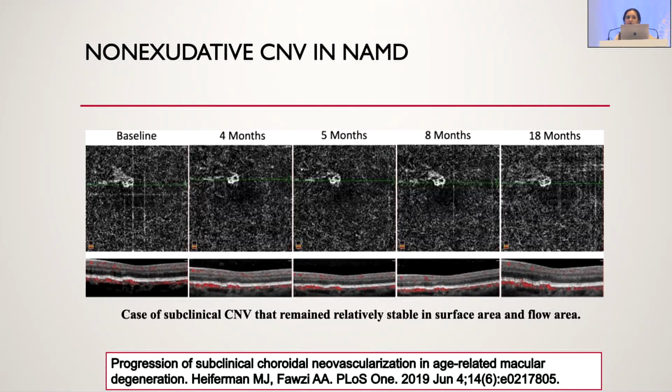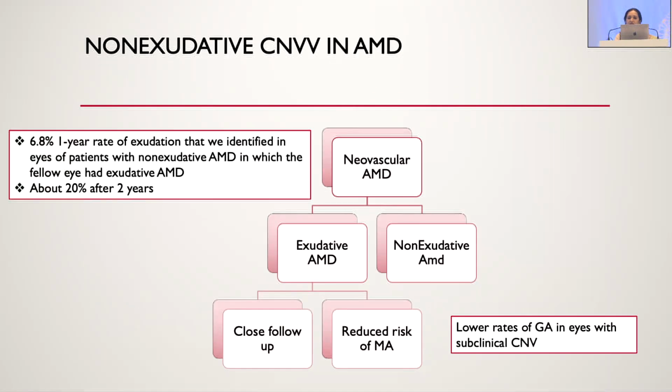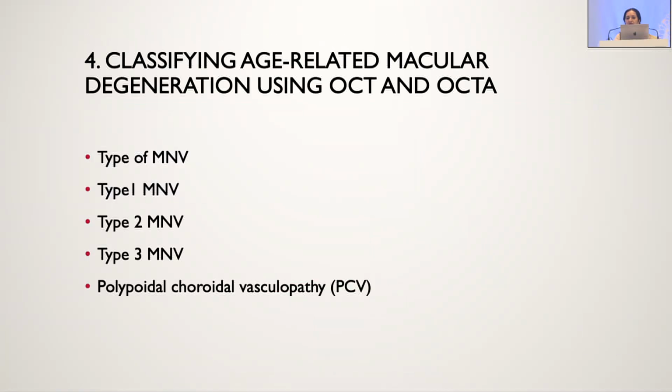So if you see a CNV which is present but there is no associated fluid, you can watch this safely and follow it up by excellent multimodal imaging techniques, including OCT angiogram, which can show you that even if there is a small increase in the size of this network, you can measure it and gauge it and start treatment accordingly. So this is how you can follow up these kinds of cases.